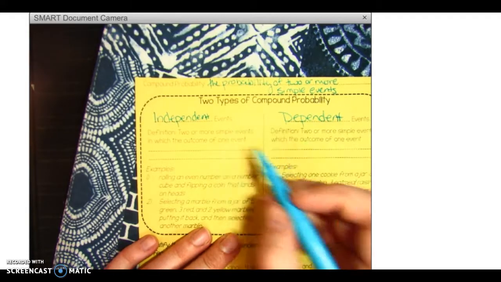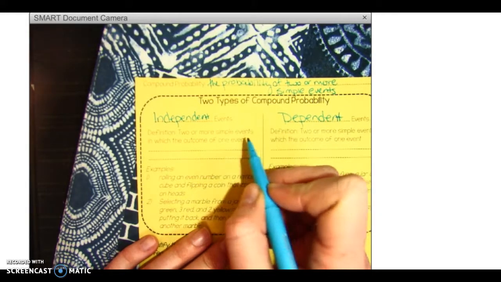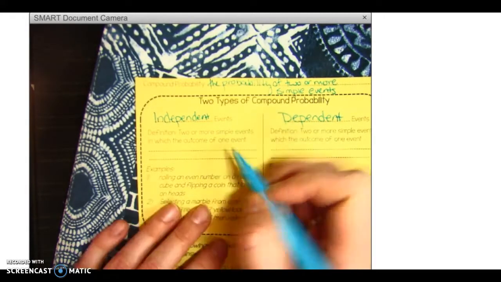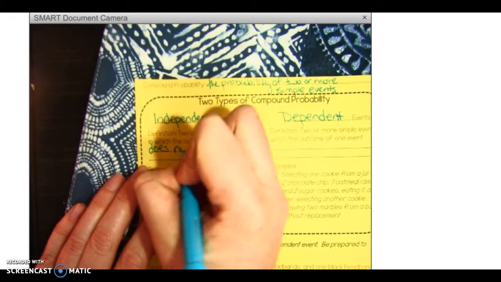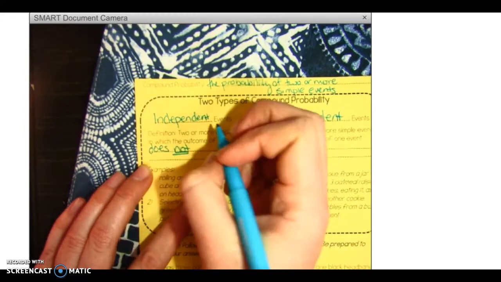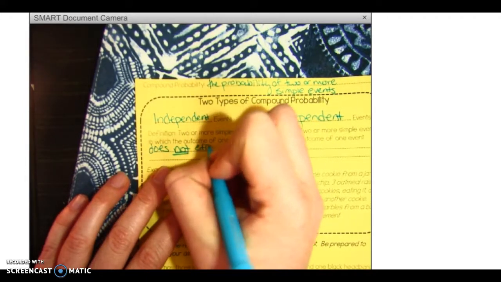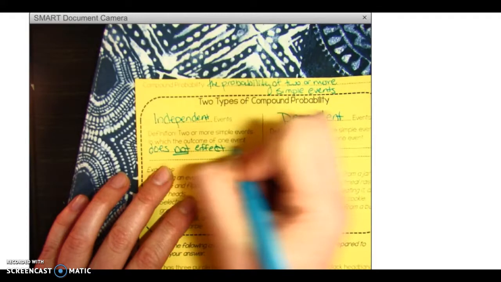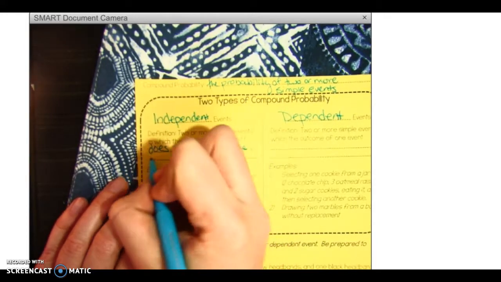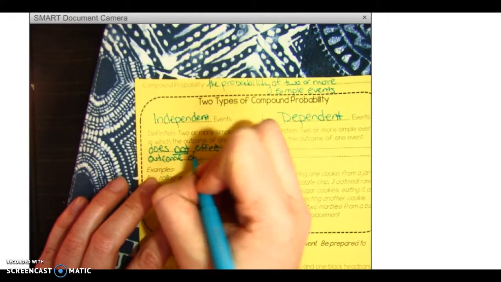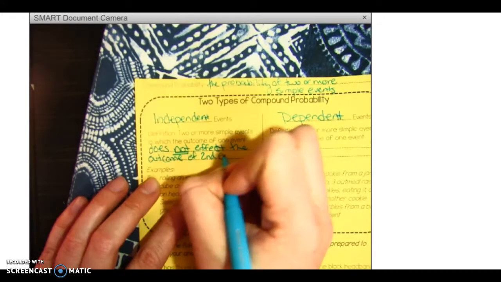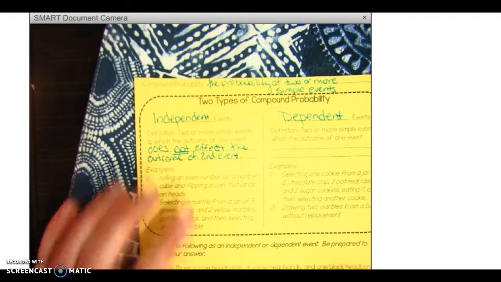Independent is when two or more simple events in which the outcome of one event does not, and not is a key word here, affect the outcome of the second event.